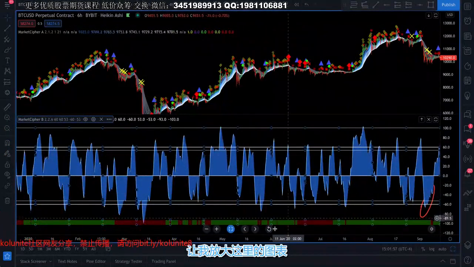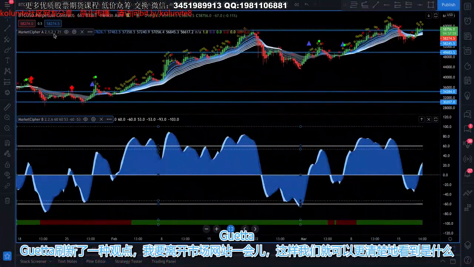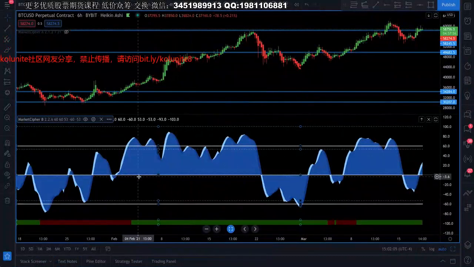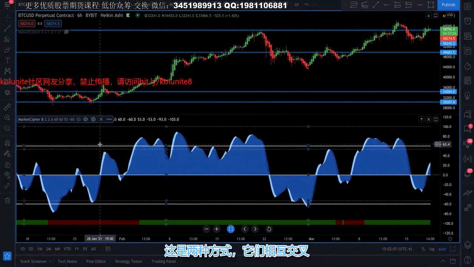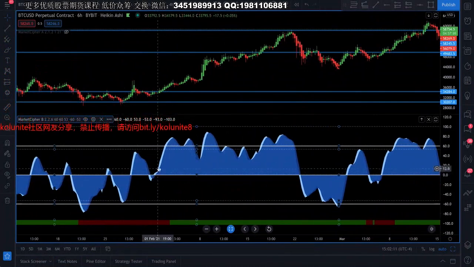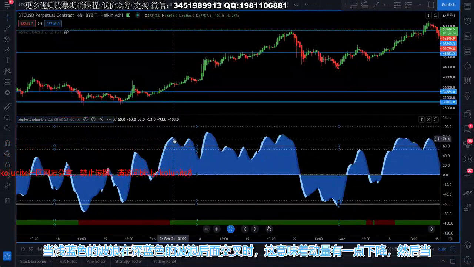Let me zoom in on the chart here to get a refreshed perspective, and I'm going to take off Market Cipher A for a second so we can see more clearly what's happening. These are two waves, and they're crossing over each other. When the light blue wave crosses behind the dark blue wave, that signifies a little downturn in momentum.